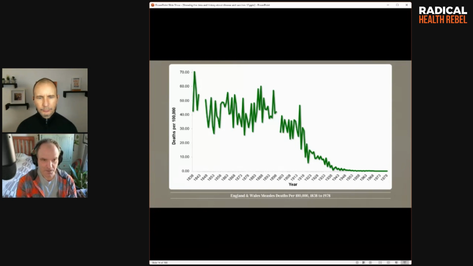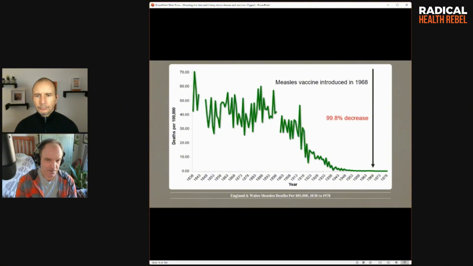Earlier on, it was 70 per 100,000. Around the late 1800s, it starts plummeting. There are a couple of gaps because I didn't get all the data for every year, since when you look through historical documents you don't always find everything. Then they came out with the vaccine in 1968, and you're already down at that flat line, down by almost 100%.